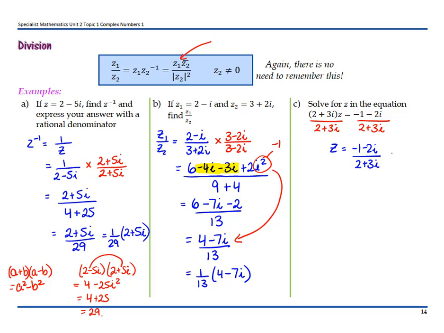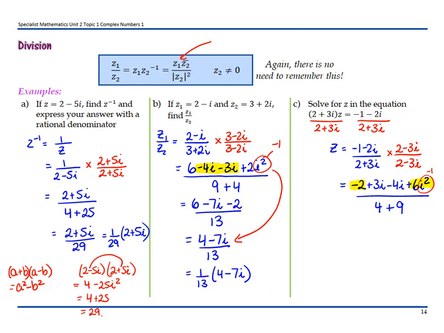And then we're going to multiply by the conjugate, 2 minus 3i over 2 minus 3i. Our top, negative 2 plus 3i minus 4i plus 6i squared, all over. First term squared is 4. Second term squared is plus 9. Our i squared is negative 1.